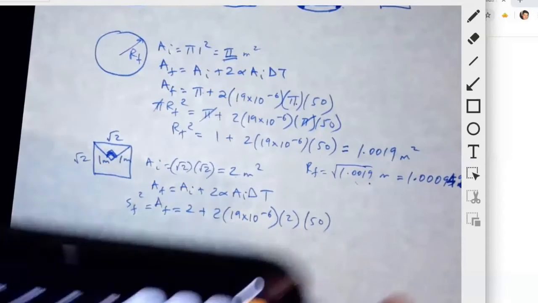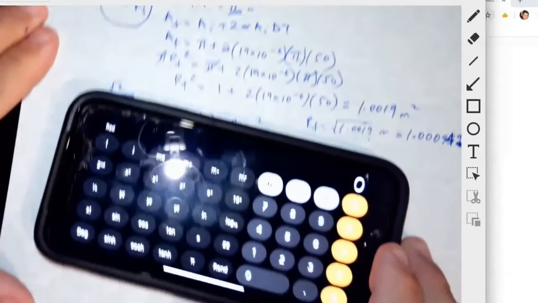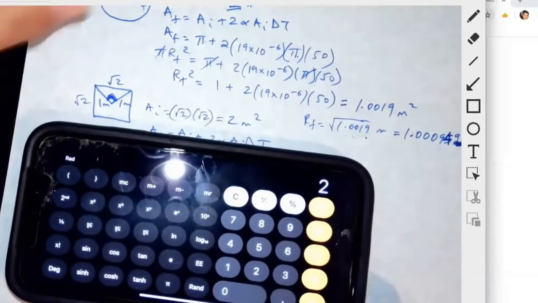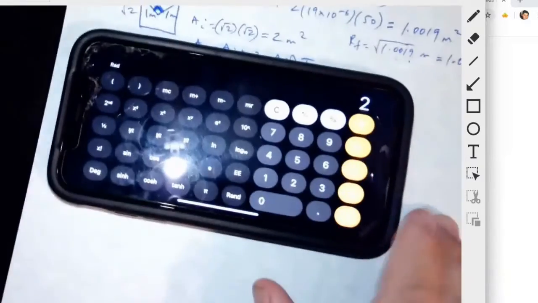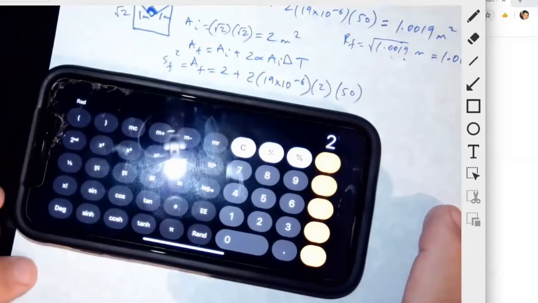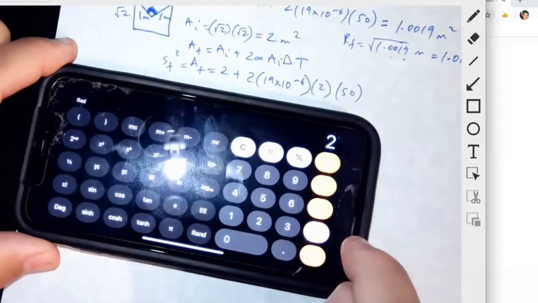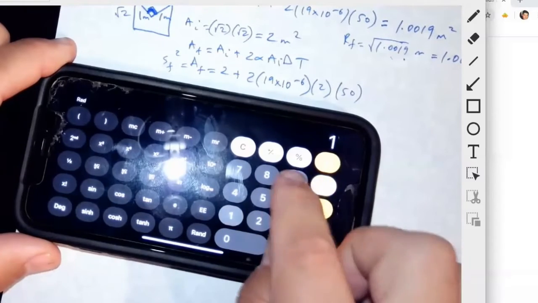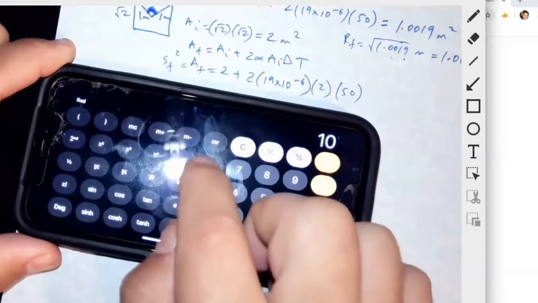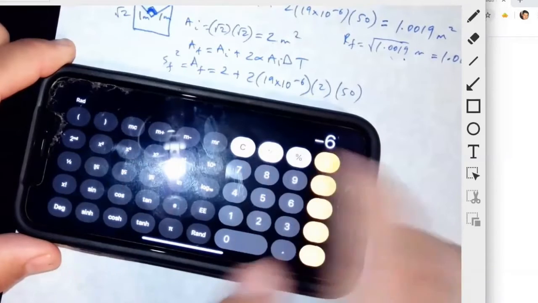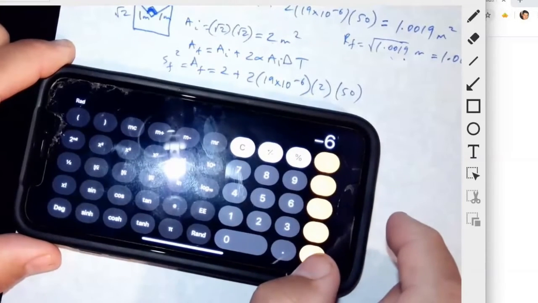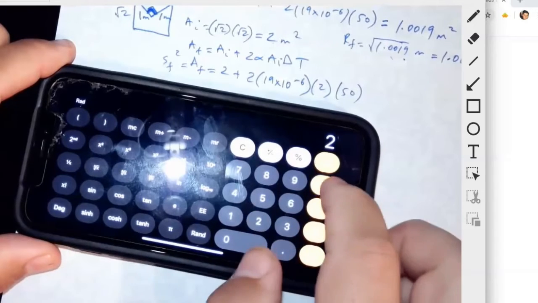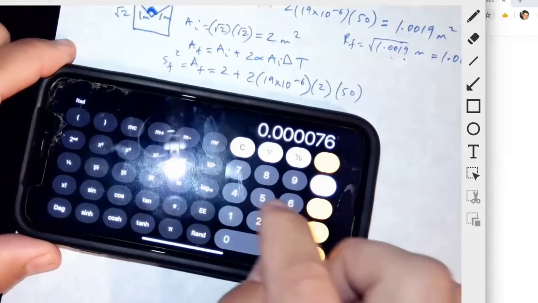Okay, so let's calculate that. 2 plus 2 times 19 times 10 to the power negative 6 times 2 times 50.